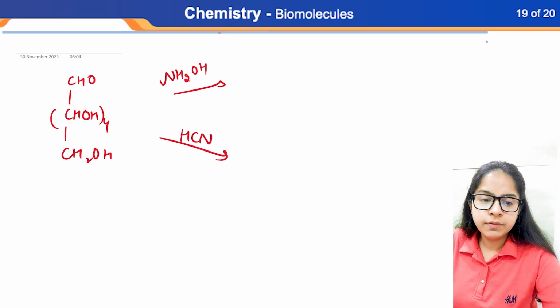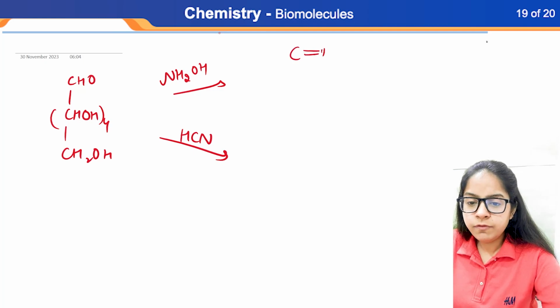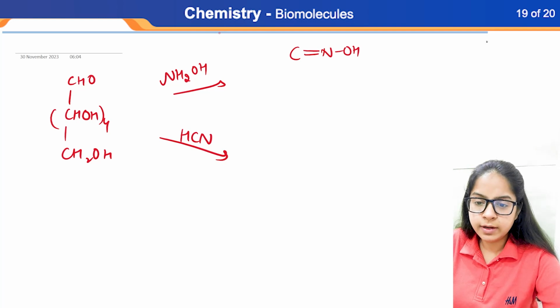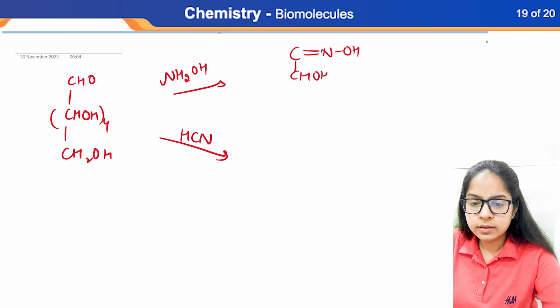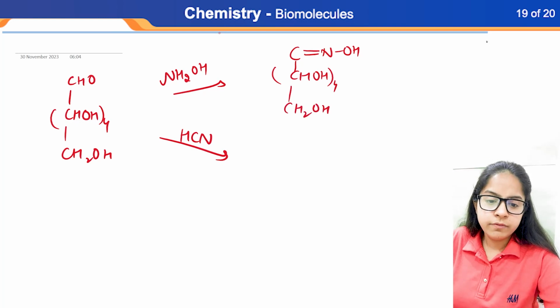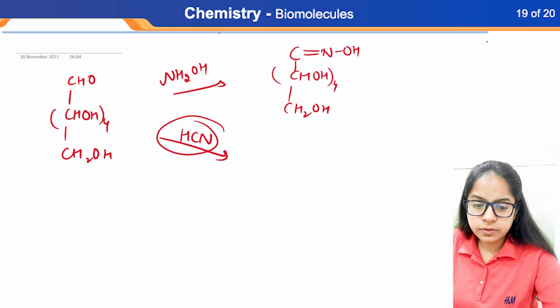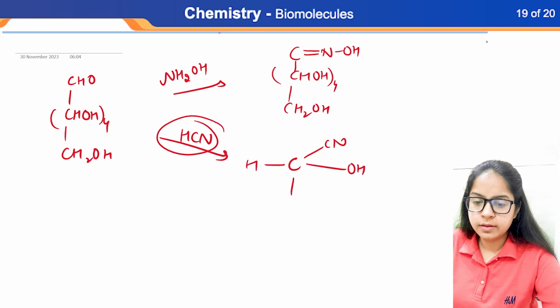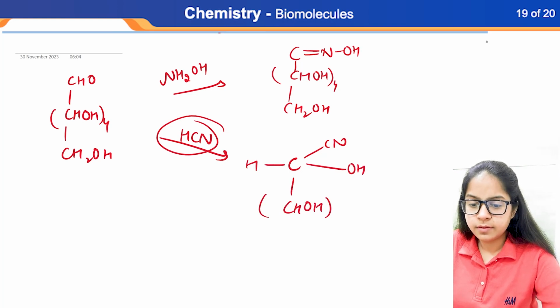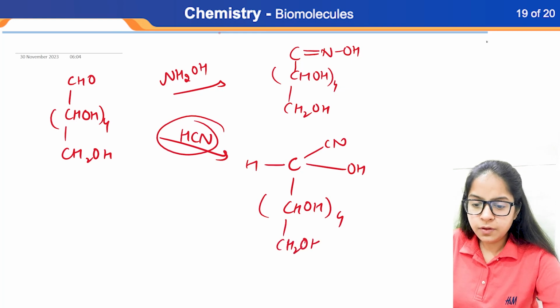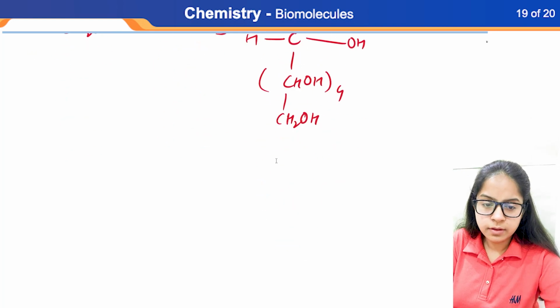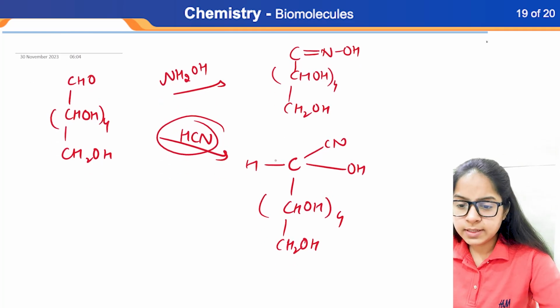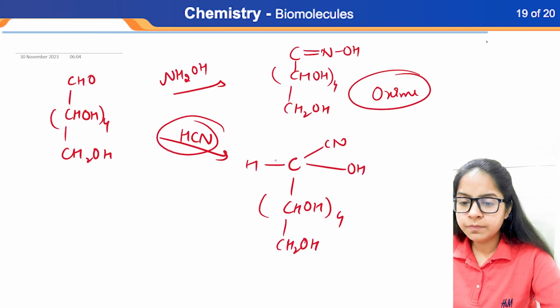With NH2OH, it will form C double bond NOH, CHOH4, CH2OH. With HCN, it is going to form cyanohydrin. So this one is oxime, this one is cyanohydrin.